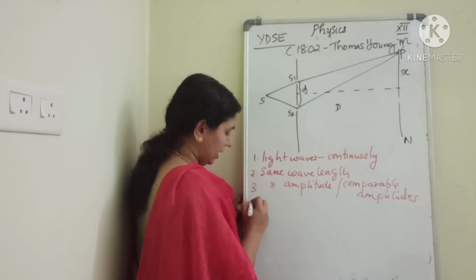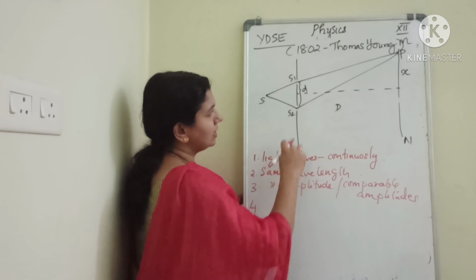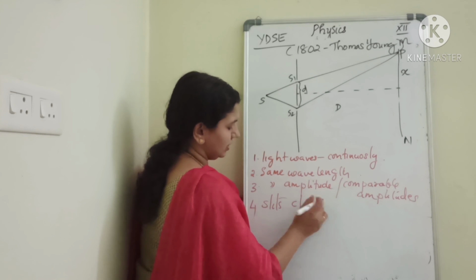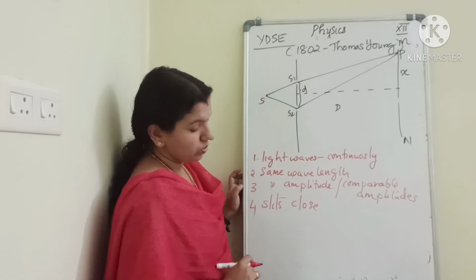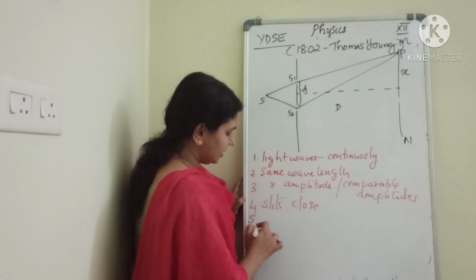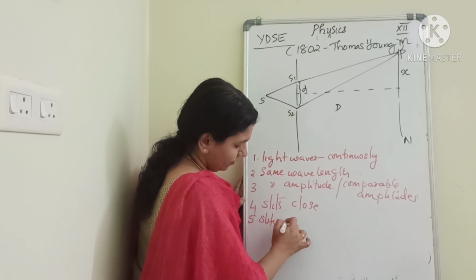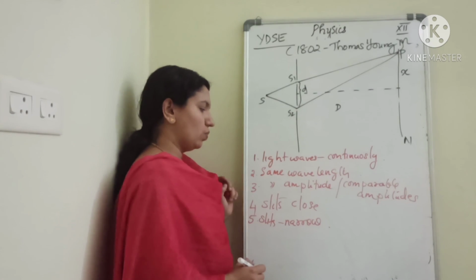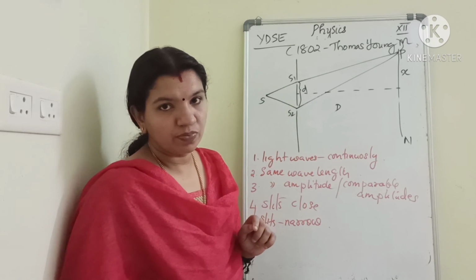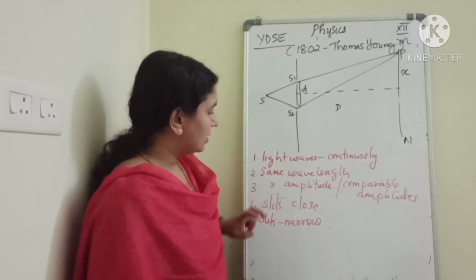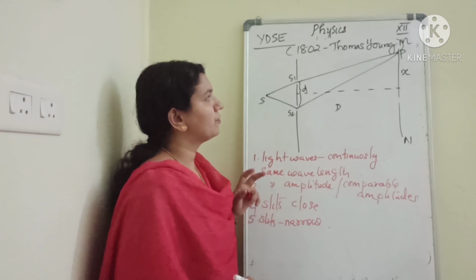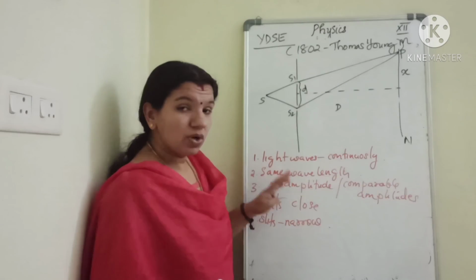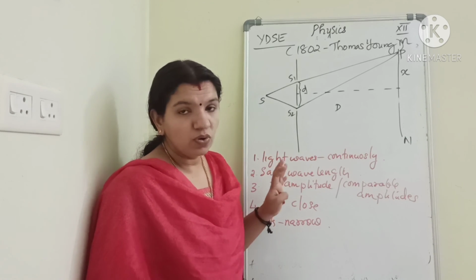Clear? Then the fourth case is, the slits should be close to each other. Fifth one is, the slits should be very narrow. Understand? So these are the conditions for sustained interference. Okay. It's also very important, the conditions for sustained interference.